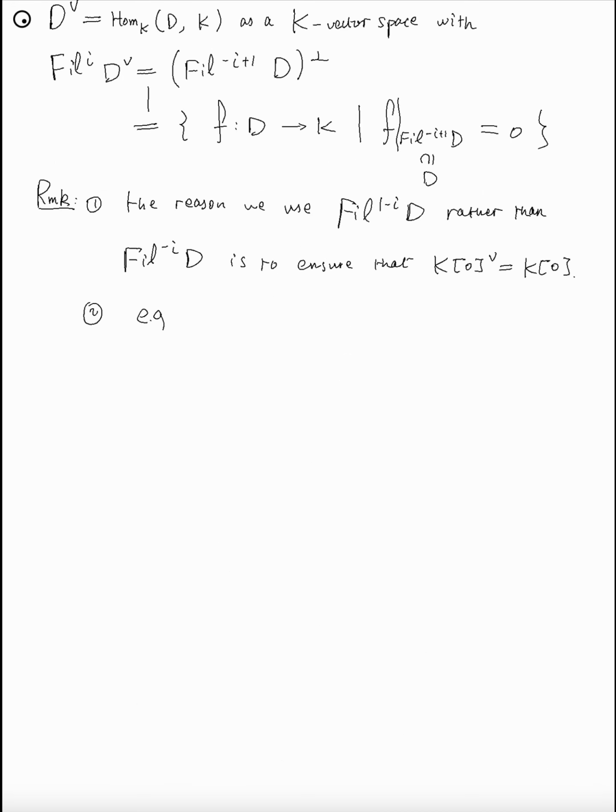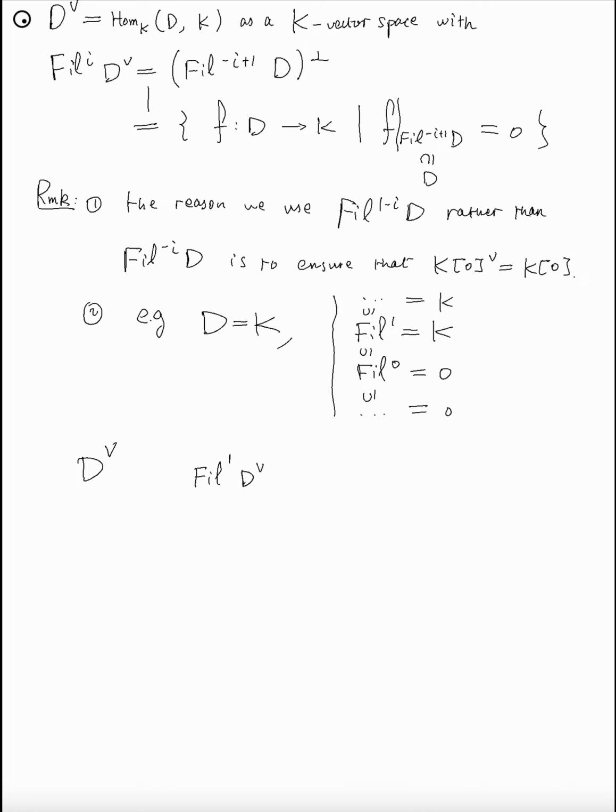I think we can take an example. So let's take an example. For example, if you have D equals K and then you have some filtration, let's say Fill^1 equals K but Fill^0 equals 0. This means for all the indices up to 1 it's always K, and then for the later ones it is always 0. That gives you the filtration information. And now let's look at D^DU. Let's start with 1.